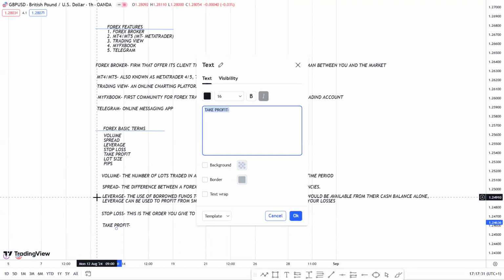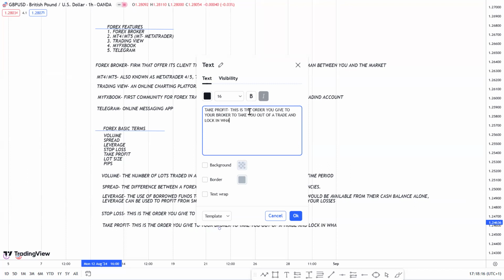Take profit is that order you give to your broker to take you out of the market and lock in whatever profit you made on that trade.